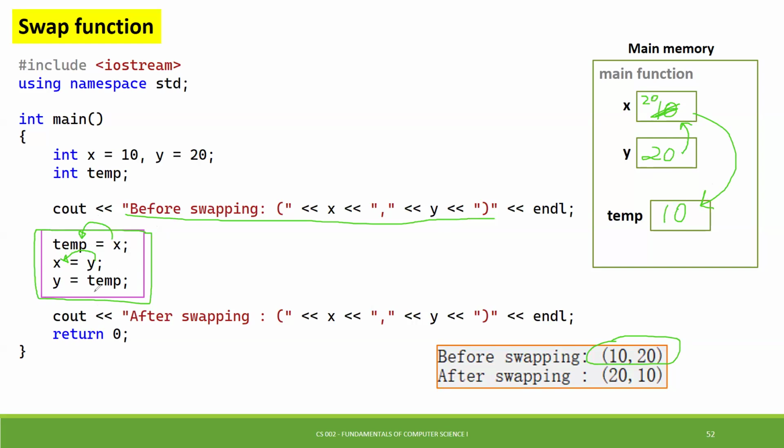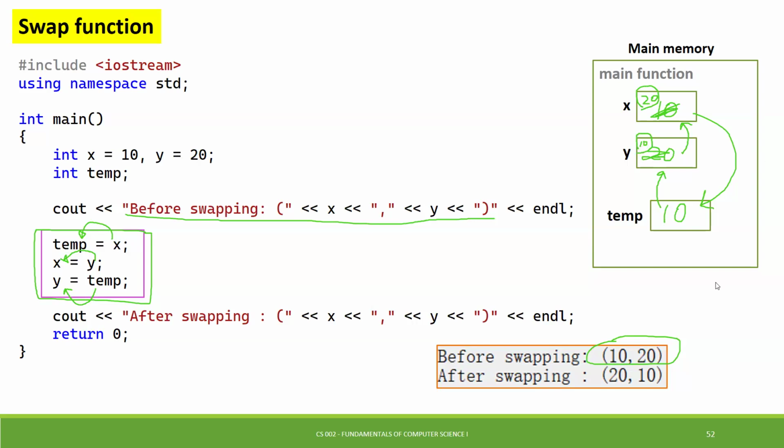And then we save temp in y, so now y has 10. So we have x 20, y 10. Swapping is done, no problem. I hope you understand.